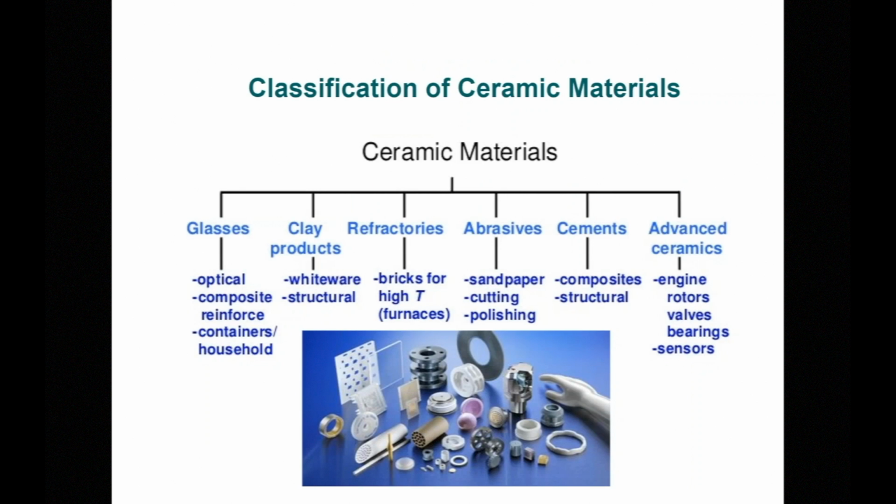If we classify ceramic materials this way in terms of some uses and everyday things, glasses have optical, packaging, and composite uses. Clay products are, of course, for pottery or different construction materials.